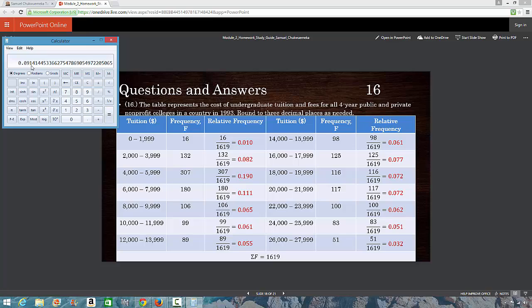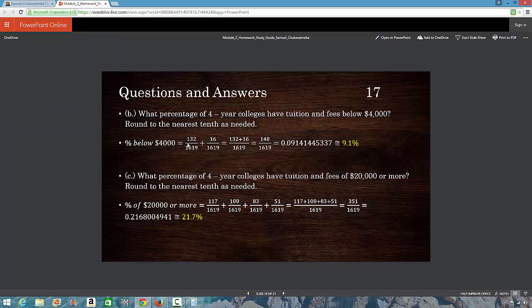So this is the total relative frequency of the colleges that have tuition below 4,000. If you now want to find the percentage, you just multiply by 100, and that gives you 9.1% because they asked you to round to the nearest tenth. So do not round until the final answer. That is what I'm trying to say. Do not round your answer until the final answer.